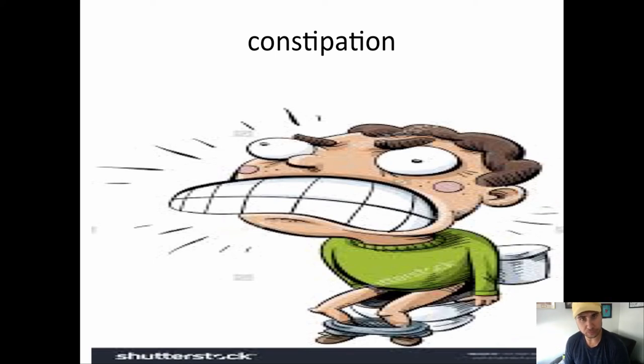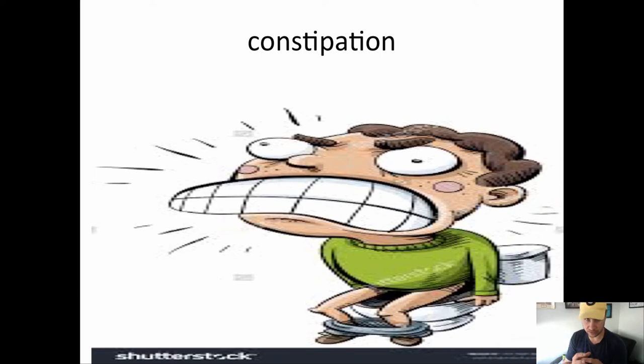We see a lot of patients in the hospital for that, mostly because of opioids, because they're on painkillers and things like that. So when you think about bowel movements, there's basically three things that happen. First, your stool has to be well hydrated. That's why you have to have a lot of fluid. And when I say well hydrated, I mean you can drink tons of water, but if it doesn't get to your stomach, or if it stays too long in your stomach and the water evaporates from the stool, then your stool gets very hard.